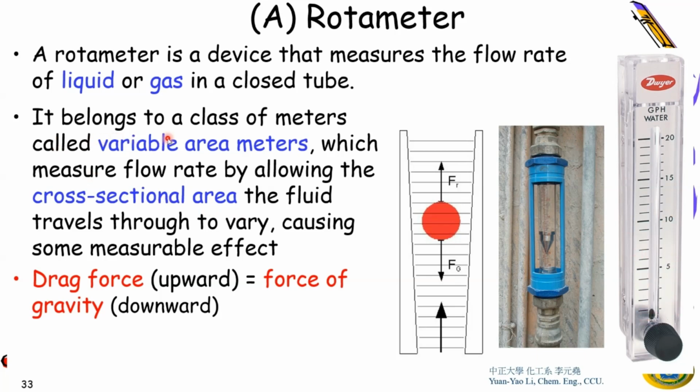It belongs to a class of meters called variable area meters, which measure flow rate by allowing the cross-sectional area that the fluid travels through to vary, causing some measurable effect. This is why the float stays in the middle: the drag force is equal to the force of gravity.